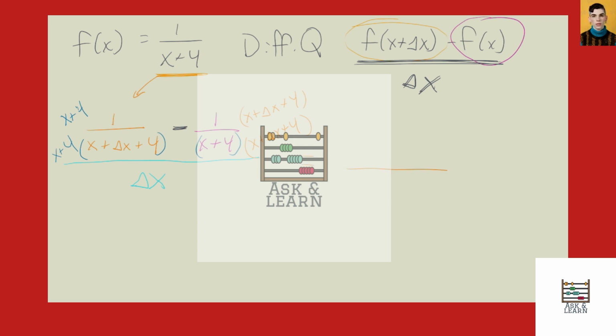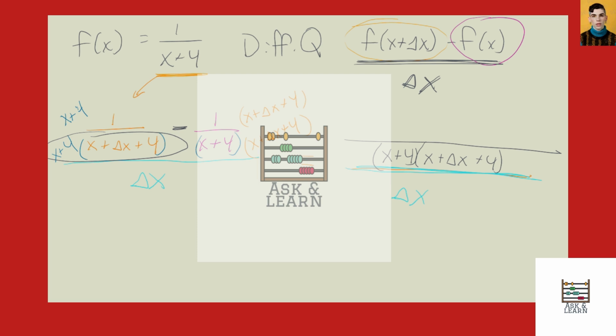So what do we get? Well, on the bottom, we've still got the delta x. On the top, we've got another fraction. The bottom of the fraction is just going to be x plus 4 times x plus delta x plus 4.